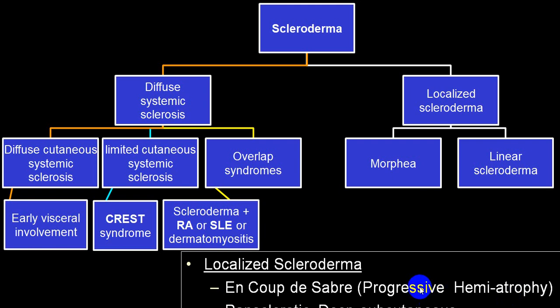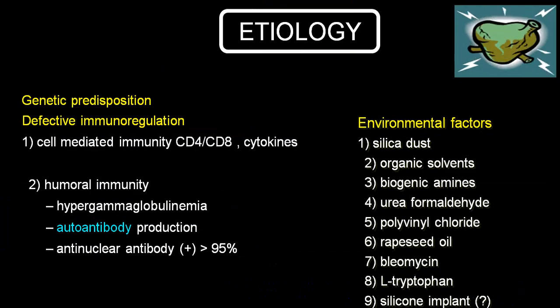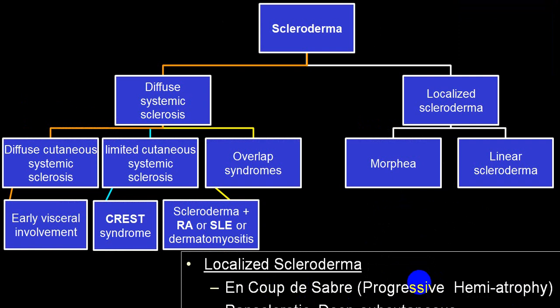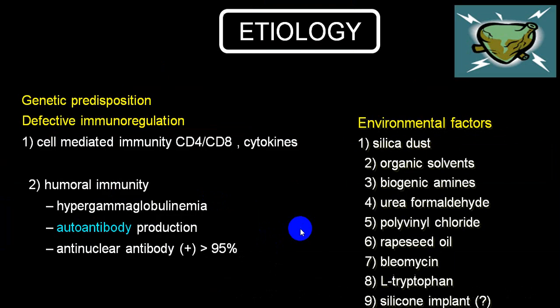And this progressive hemiatrophy variety is also called en coup de sabre. So these are different words which are being utilized. In overlap syndrome, it can be scleroderma with rheumatoid arthritis or with SLE or dermatomyositis. Any one of this combination. Scleroderma with RA, scleroderma with SLE, or scleroderma with dermatomyositis. That is called overlap syndrome.